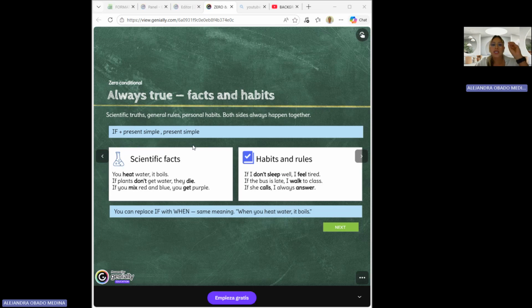Because we are talking about things that are always true. Scientific facts. If you heat water, it boils. Always, everywhere in the world. If plants don't get water, they die. No exceptions.